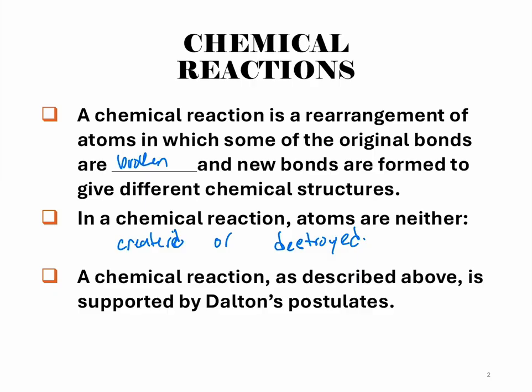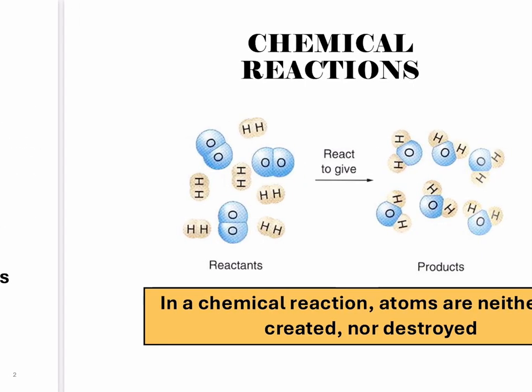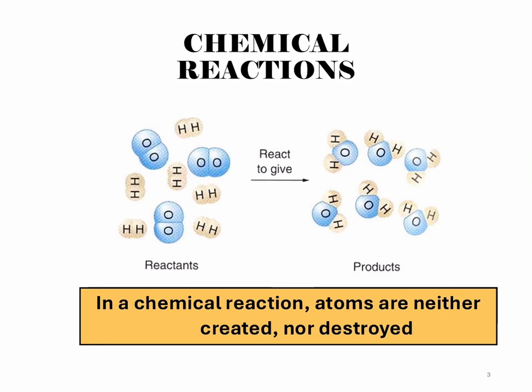And so this is supported by Dalton's postulates. What this means basically is that we just have conservation of mass. The mass on the left-hand side of the reaction is equal to the mass on the right-hand side of the reaction. The mass of reactants is equal to the mass of products.